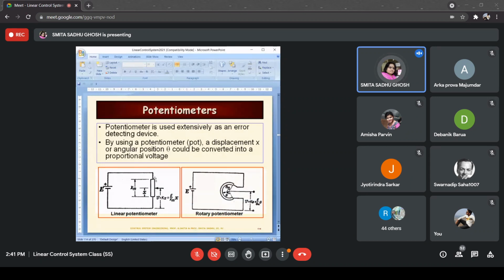If this is the reference end, say for example this end is grounded, okay, so now what will be the voltage at the output? Voltage at the output means from the pointer to the reference point, maybe the ground.